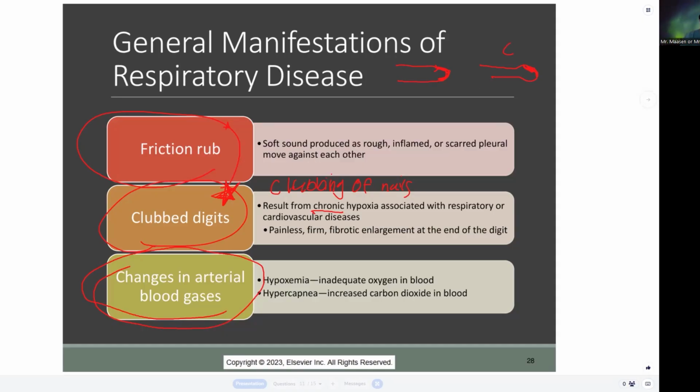That's where the clubbing of digits comes in. It looks like a club you'd hit someone with, and that's where the name comes from. I should have put a picture in here, and I can show one when we talk about it in class. But that's what clubbing is, again an indication of chronic lung disease or chronic cardiovascular disease.